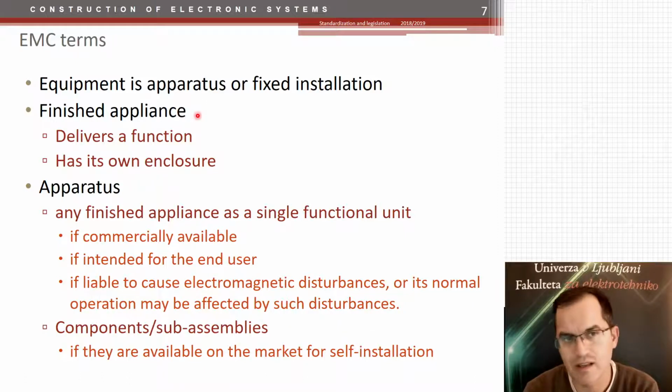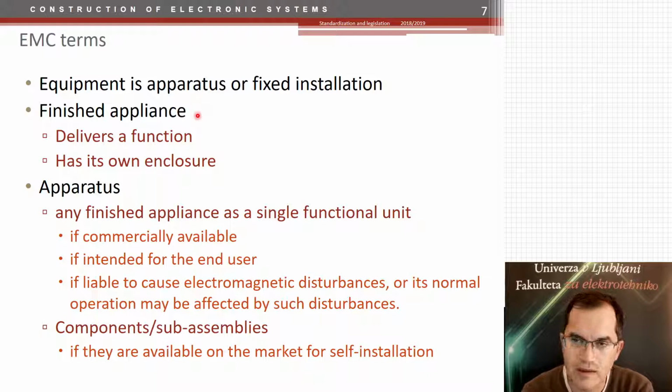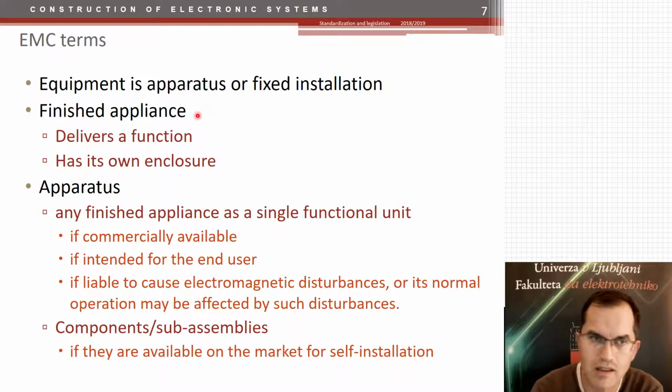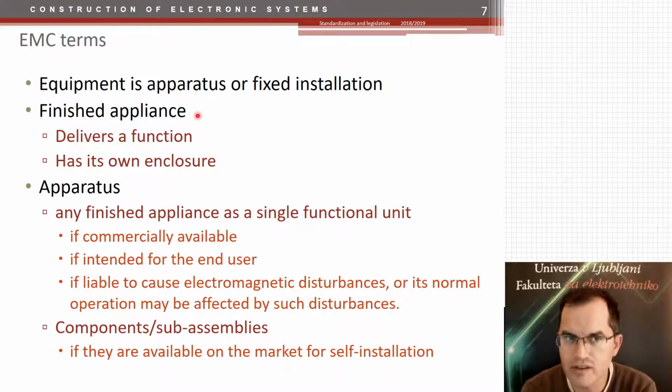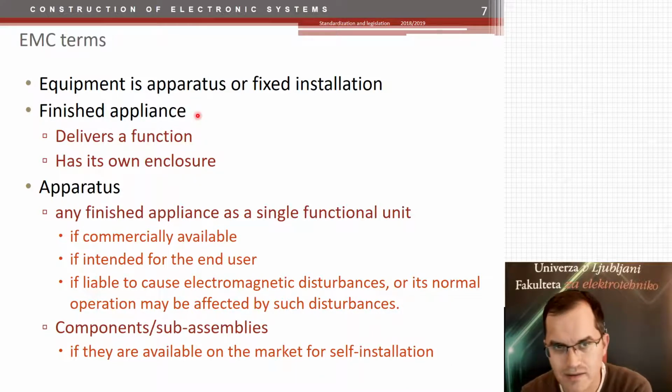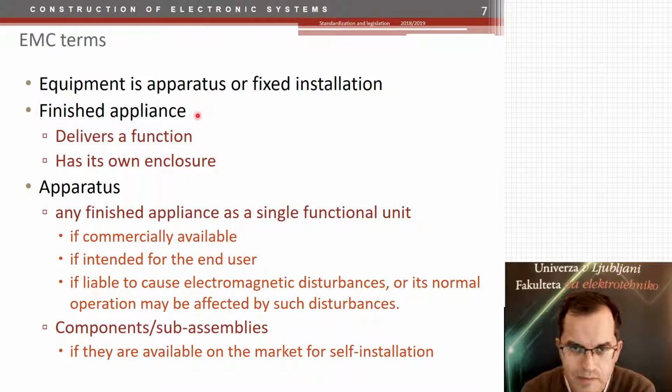So why am I telling you that? Because by that you will be able to distinguish which electrical parts are within the jurisdiction of this EMC directive and which are outside.